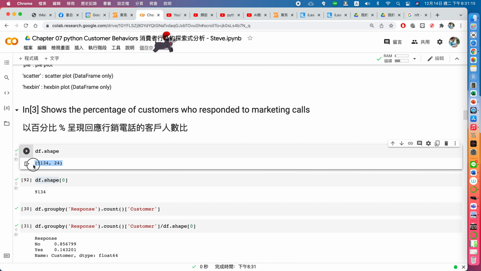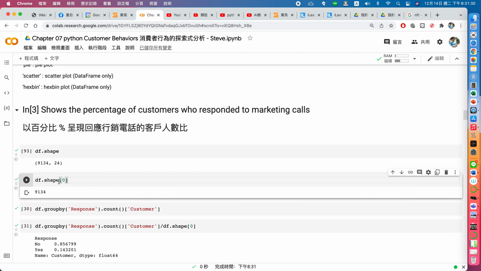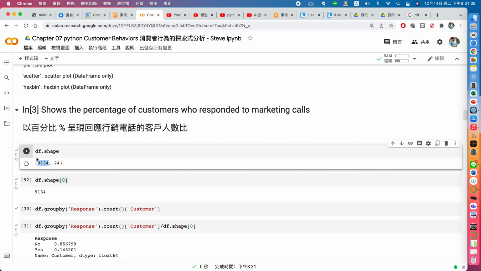Here it is a tuple, we call it an array. The first element is this one, and the second element is 24. If we want to retrieve the first variable, you can use index 0. So it retrieves the first number, this one.